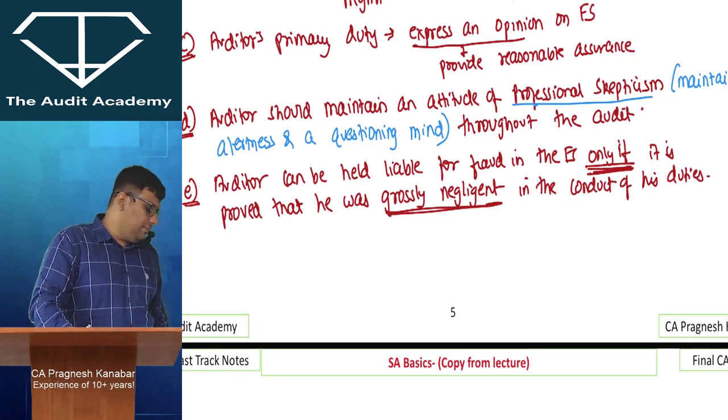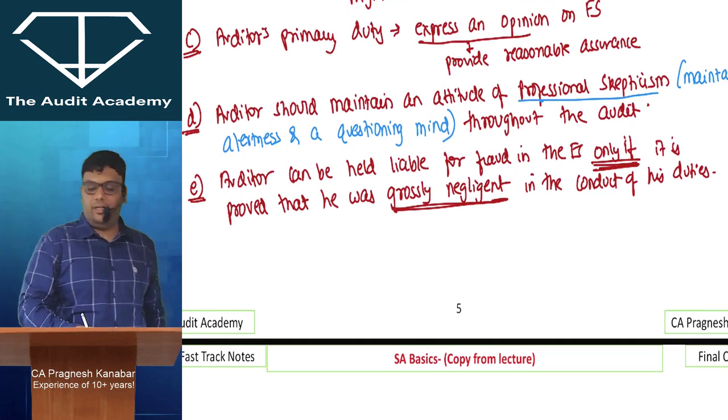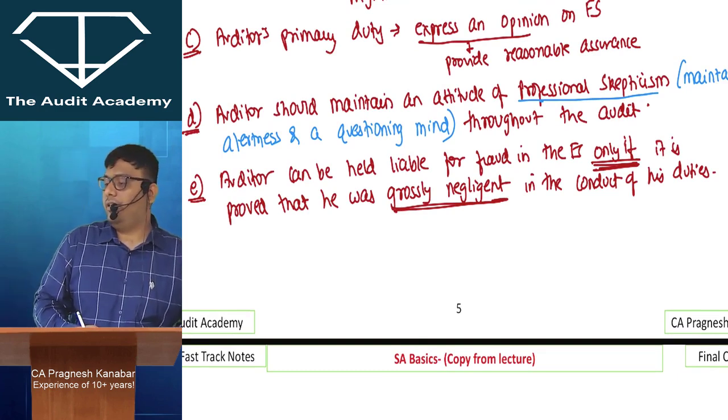Auditor can be held liable for fraud in the financial statements only if it is proved that he was grossly negligent in the conduct of his duties.